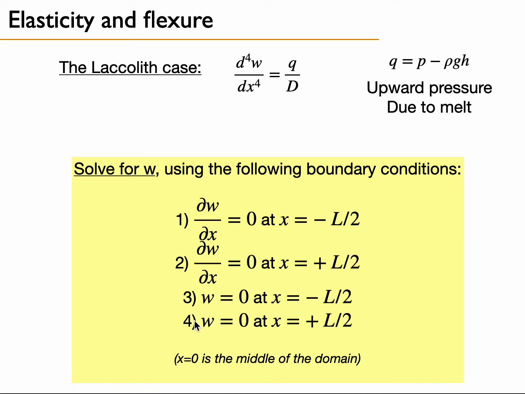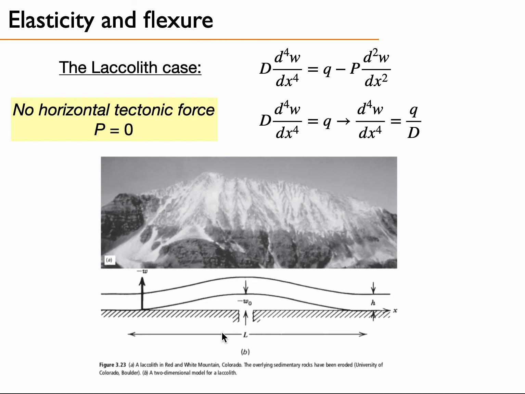We will also assume that W will be equal to 0 at each end of the model, position minus L divided by 2 and plus L divided by 2. So you see that obviously here X equals 0 is in the middle of the domain, L being the entire length of the model, of course.